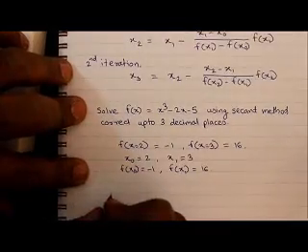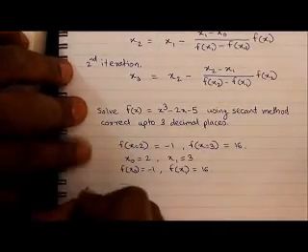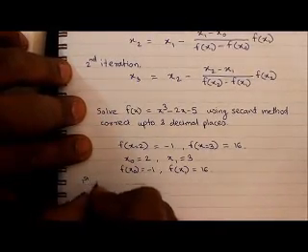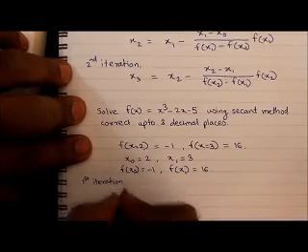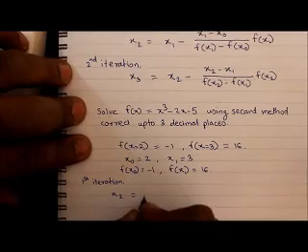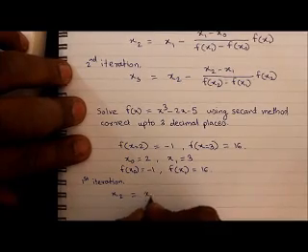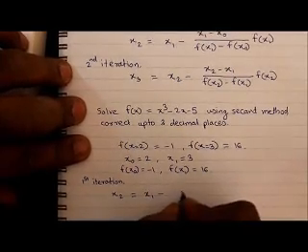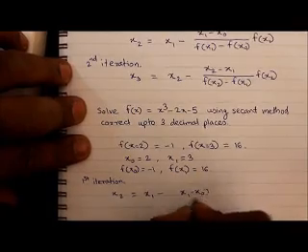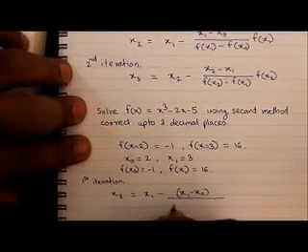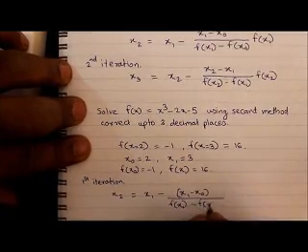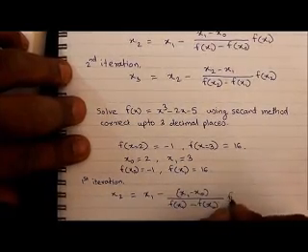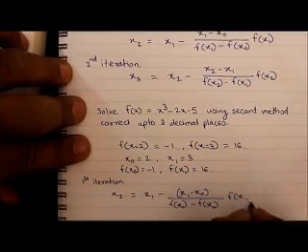Okay, so let's go with the first iteration. x2 is going to be x1 minus (x1 minus x0) divided by (f of x1 minus f of x0) into f of x1.